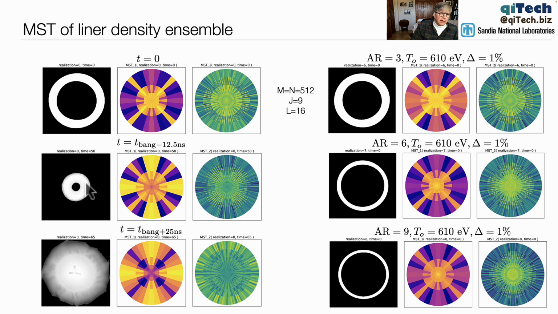Also, what the liner looked like for that simulation 12.5 nanoseconds before bang time or stagnation, as well as about 25 nanoseconds after the bang time. On the right, I will show you the evolution for the thickest to the thinnest liner. And over time, you want to note that the thinner liner converges faster and sooner.